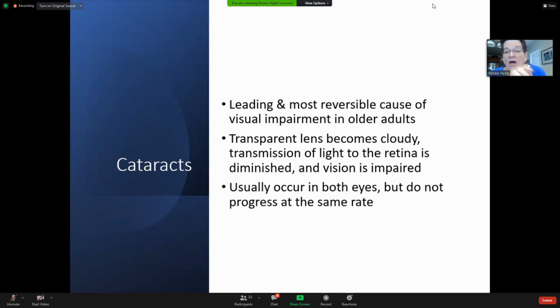And so light is able to get through that lens to the retina. So they don't, quote unquote, ripen at the same time. Okay. Typically, you will see a difference between the two eyes in the rate of development of cataracts.